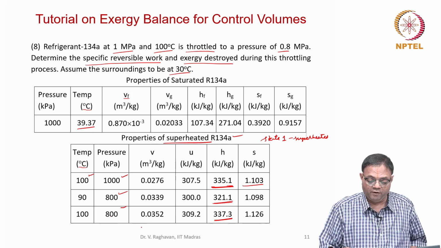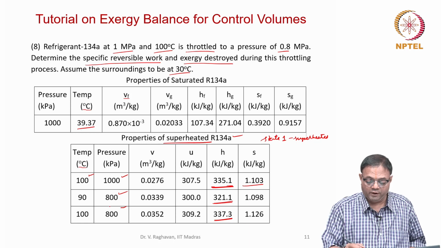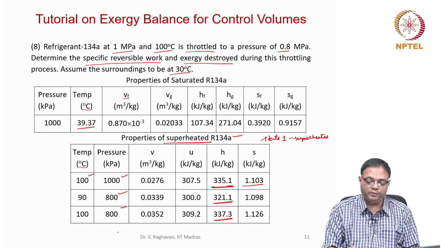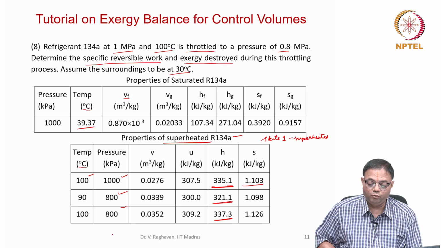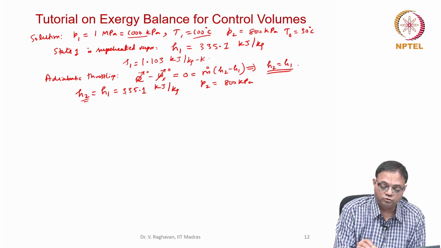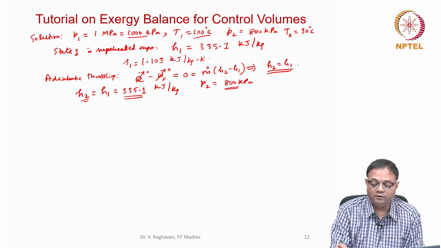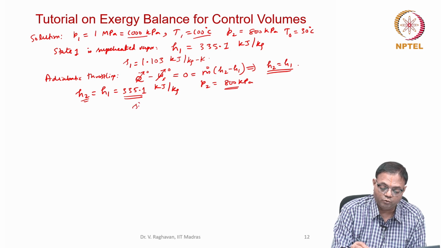Again, you can see that we are referring to the superheated tables. The Hg value will be lower than this H2 value of 335.1, so state 2 is superheated.